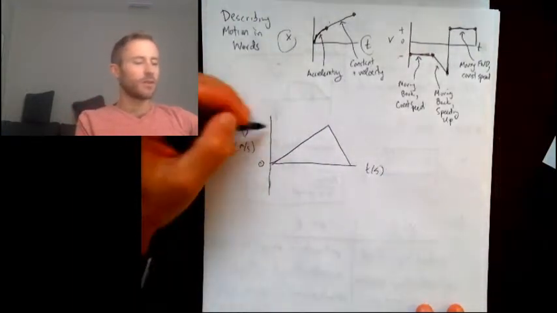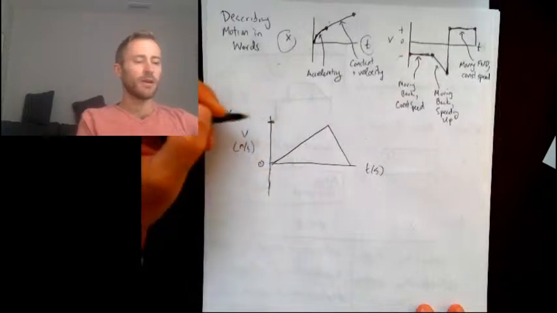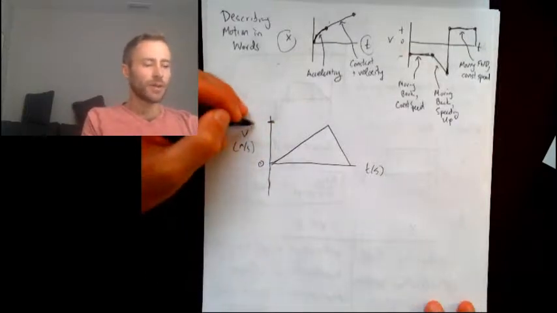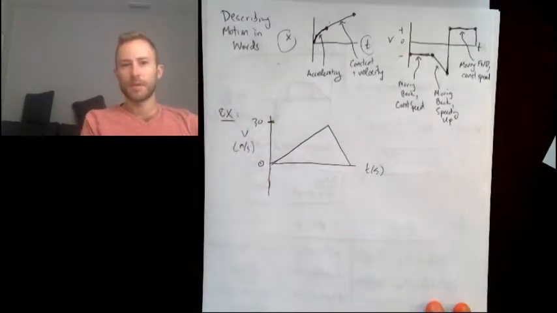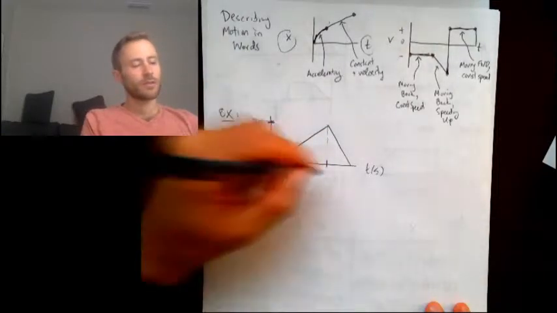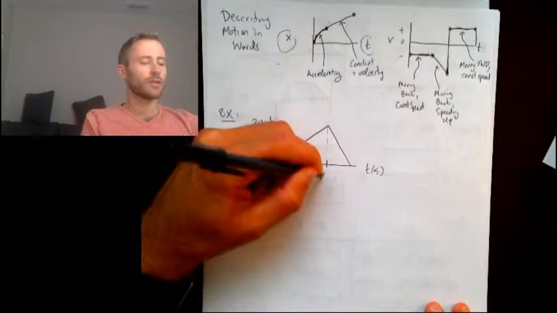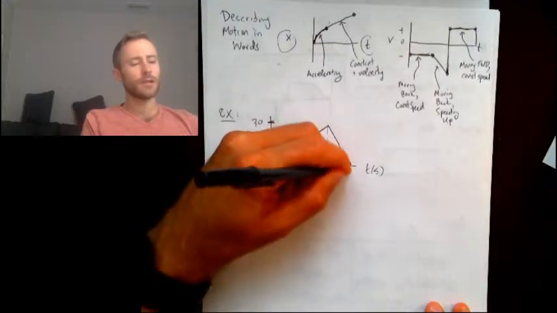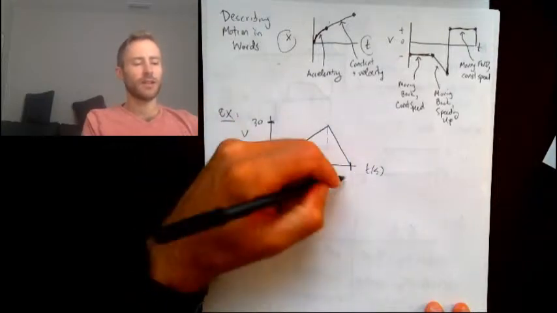Let's say that the velocity goes up to a peak of, let's say, 30 meters per second. And that peak occurs at 13 seconds. And then the graph ends at 20 seconds.